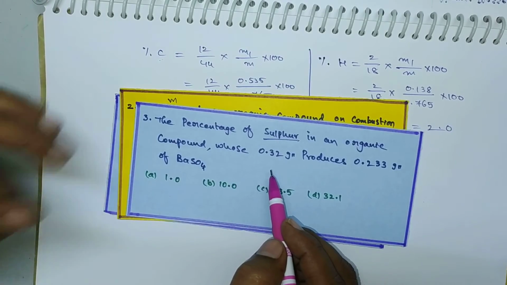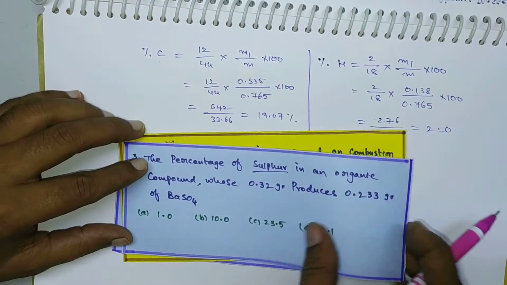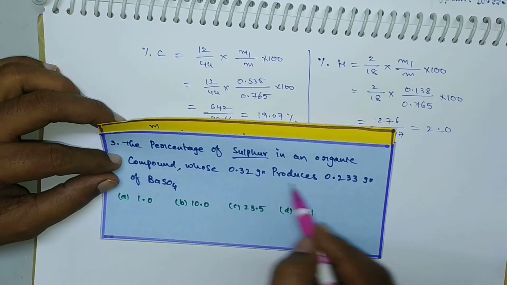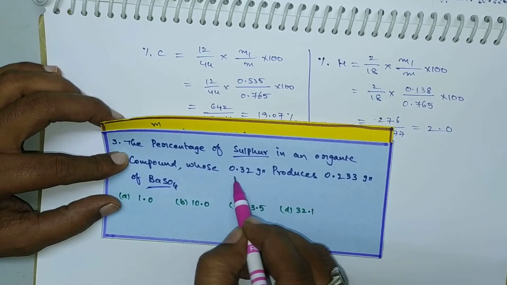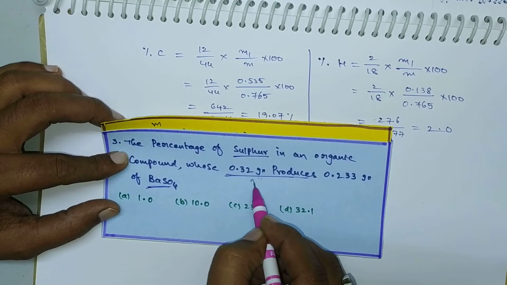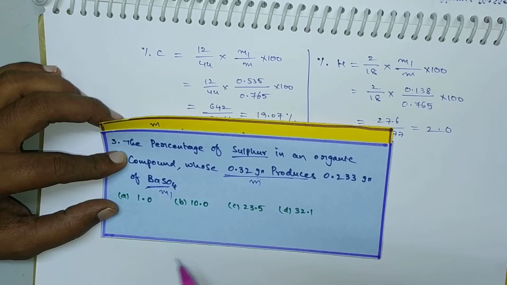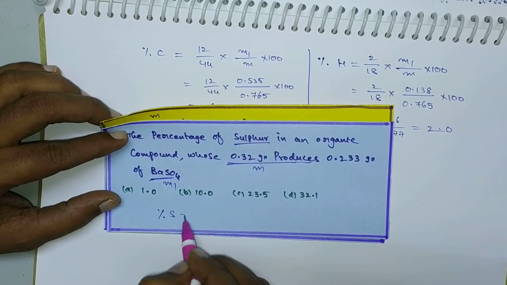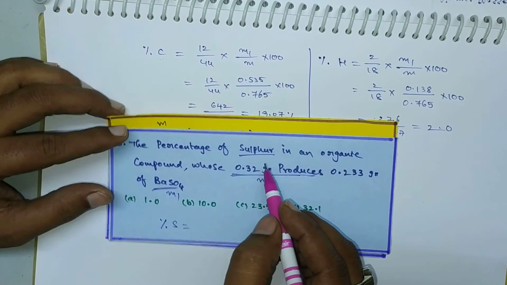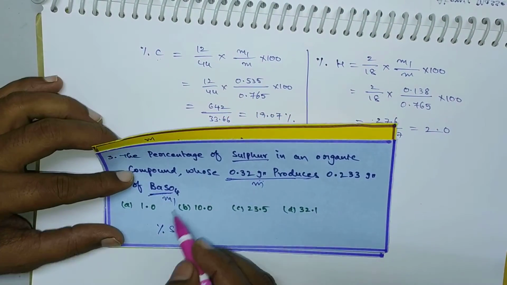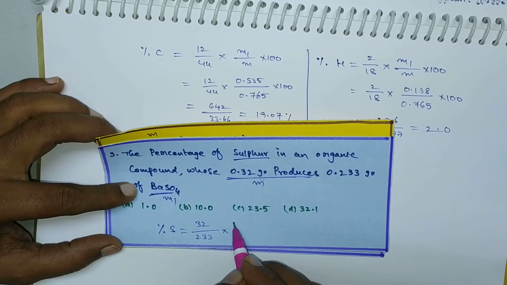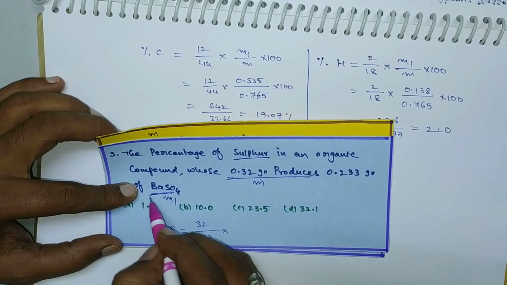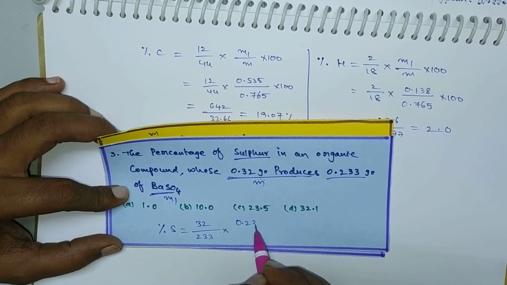What is m1 here? m1 means the mass of the compound obtained, that is barium sulfate, and the organic compound is m. So the formula: percentage of sulfur is equal to the atomic mass 32 by barium sulfate 233 into m1, where m1 means barium sulfate, 0.233, divided by 0.32, into 100.